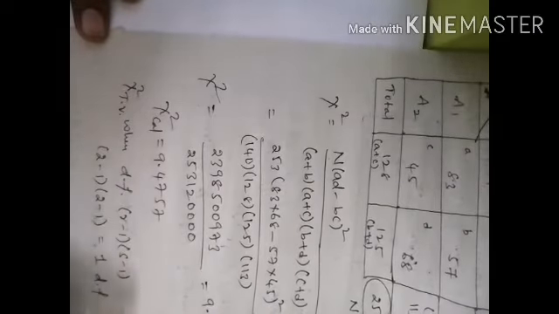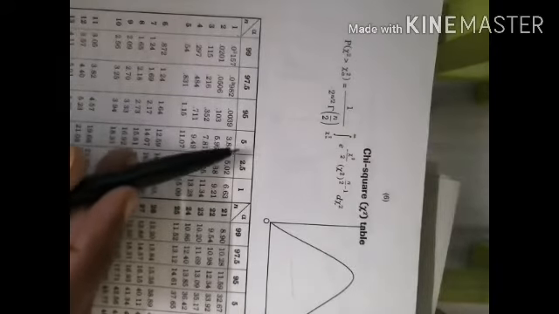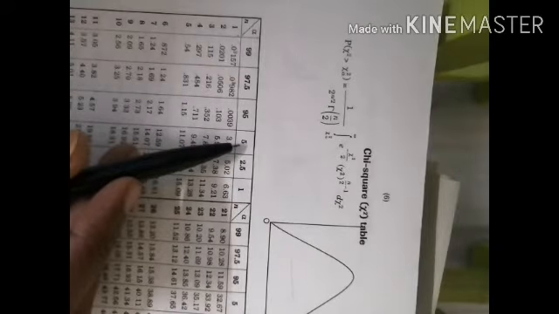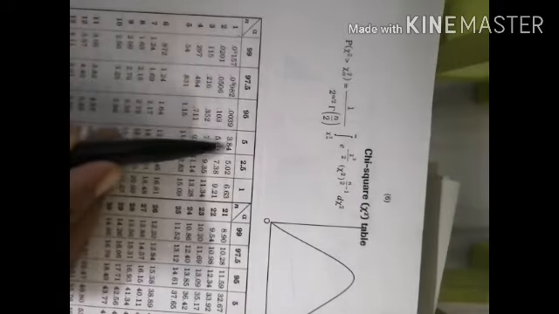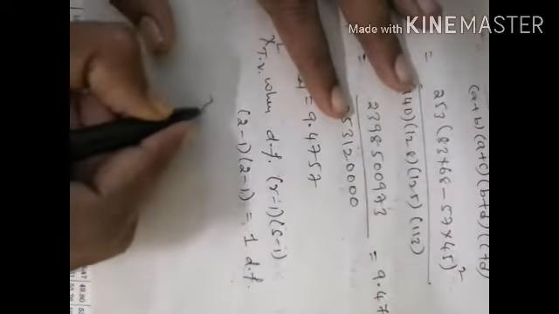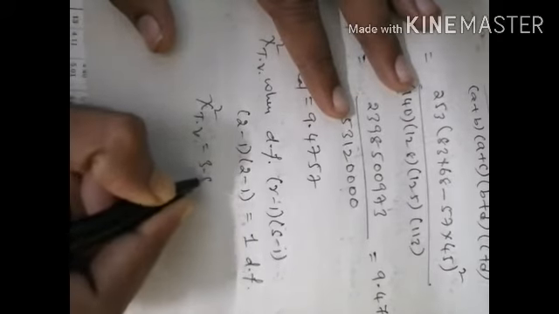So degrees of freedom is 1. Now we need to check chi-square table values. Here the level of significance alpha is 5% and the degrees of freedom is 1. The value is 3.84. So chi-square table value is 3.84.